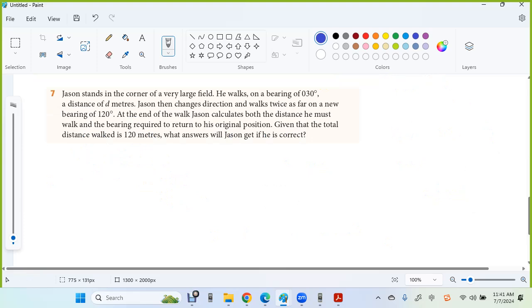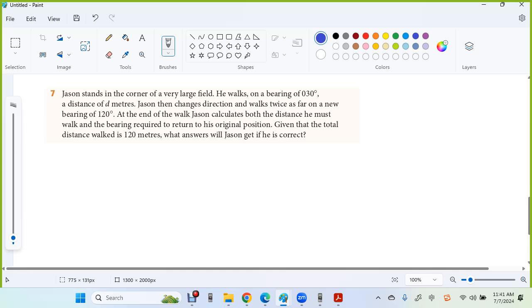Question number 7. Jason stands in the corner of a very large field. He walked on a bearing of 030, a distance of d meters. Then he changed direction and walked twice as far on a new bearing of 120. And then at the end, Jason calculates both the distance he must walk and the bearing required to return to his original position.